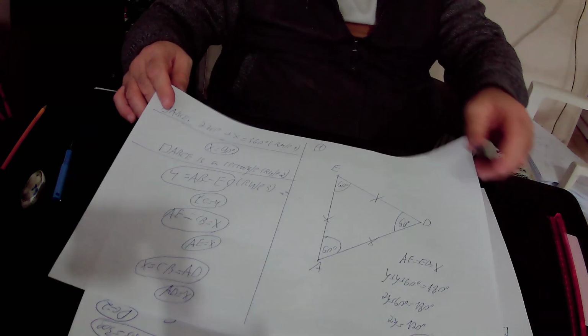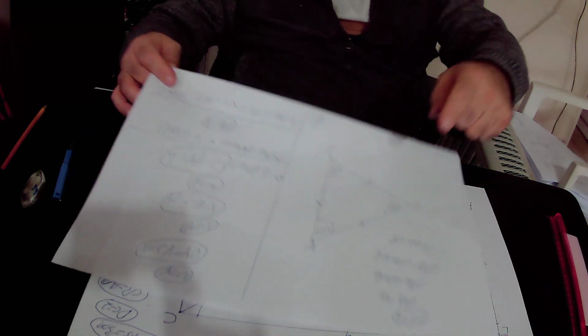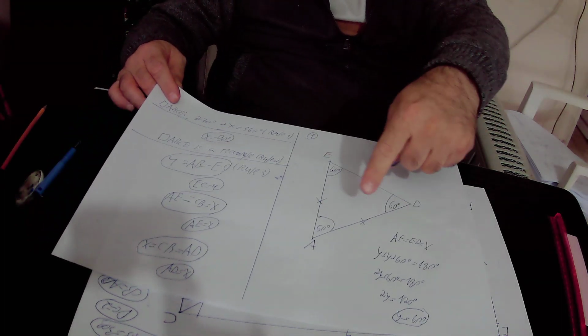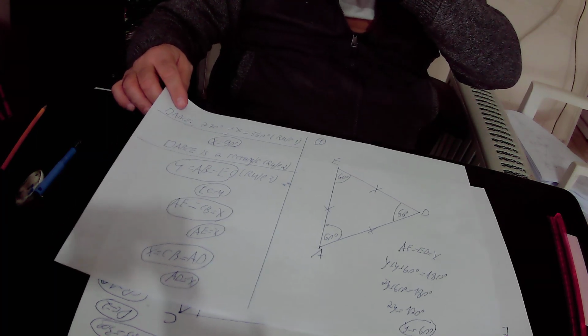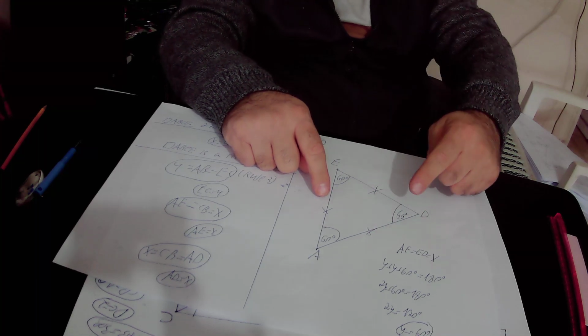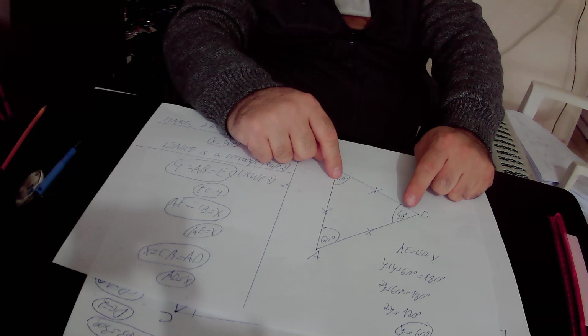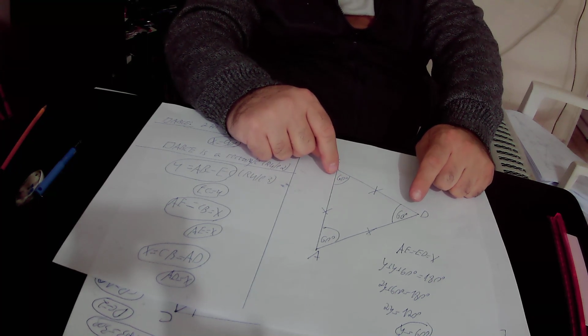Triangle AED has one angle, this angle equals 60 degrees. We also know that AD equals AE equals X. And we have the rule that in front of equal sides in a triangle there are equal angles. That is to say, in front of those two equal sides there are those two equal angles. So if this angle is y, this angle is also y. And we know that the sum of the angles in any triangle equals 180 degrees.